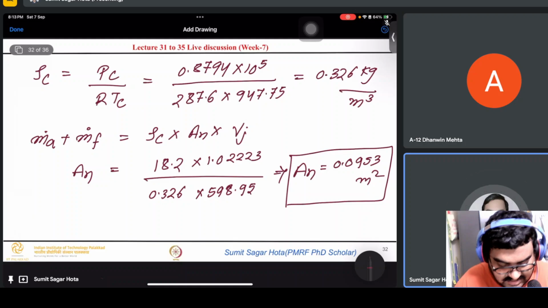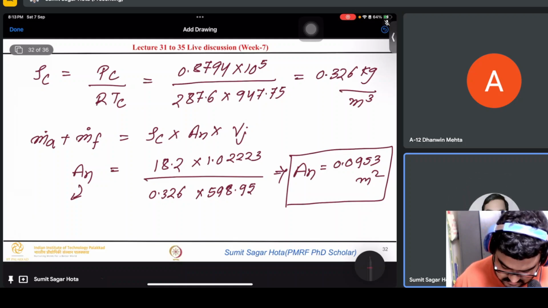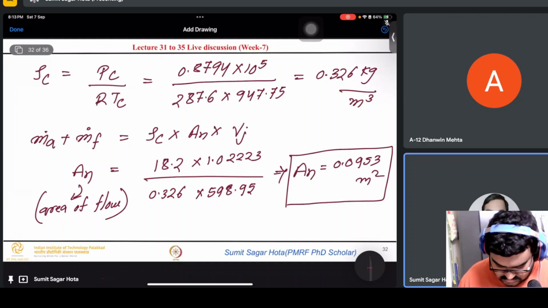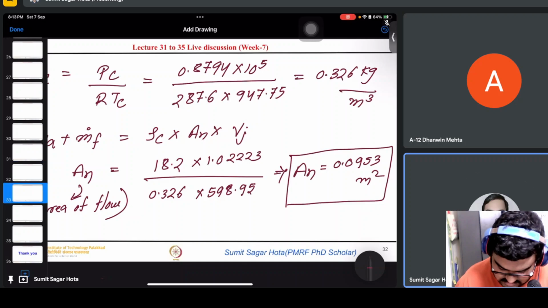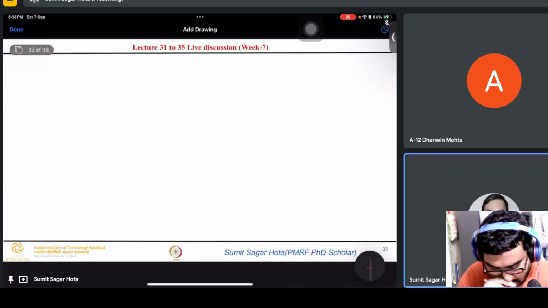An is the area of flow. Thrust provided by the engine. So now we just find out the thrust and the thrust power. These two things will take max 5 minutes.